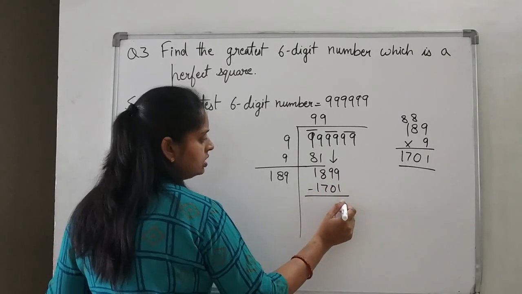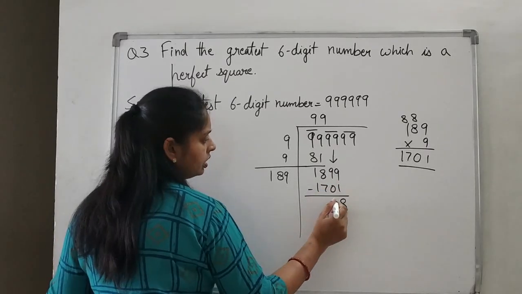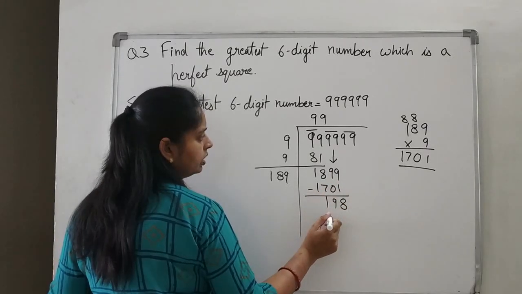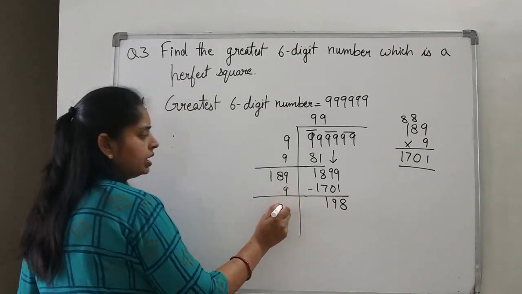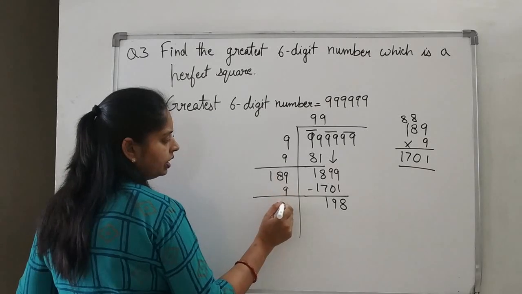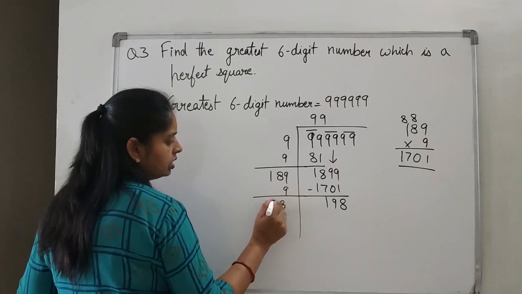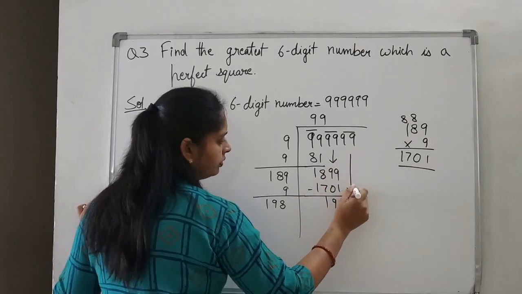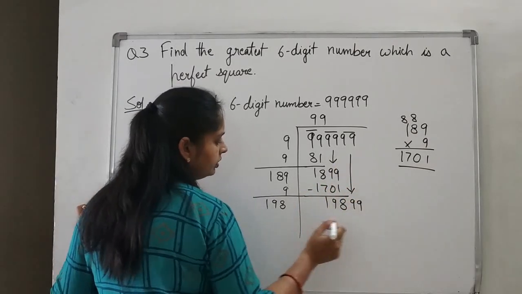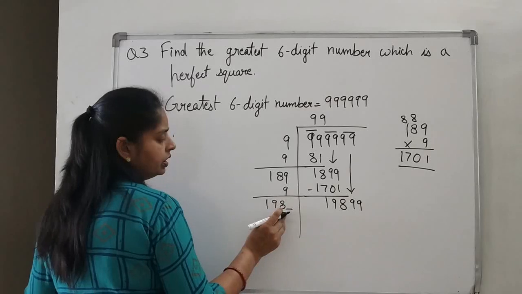Again we will do the subtraction. 9 minus 1 is 8. Again 9 and 1. Right? And this side we have to add 9 because 9 is the digit we have done the entry in. 9 plus 9 is 18. 9, 1. And next pair will come down now. That is 99. So I need to do the entry of one digit here.